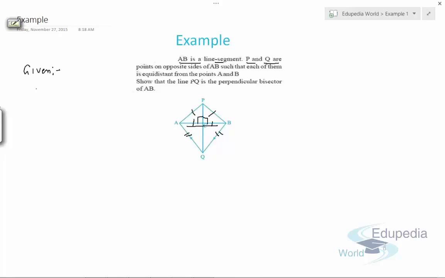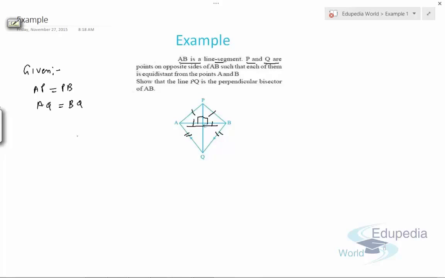Now what is given is we have two triangles, and in these two triangles we can see that the sides are equal, so we can say that AP equals PB, and AQ equals BQ. Let's see how we can prove this.